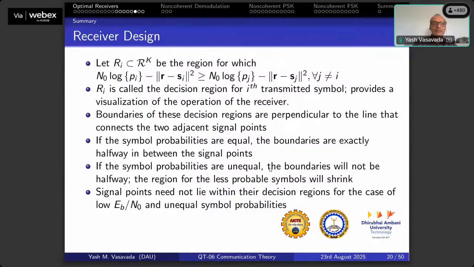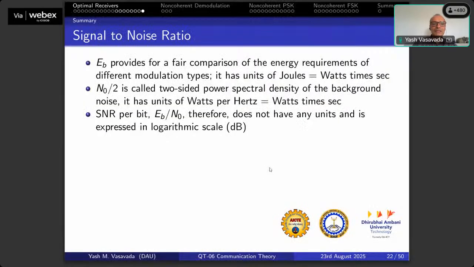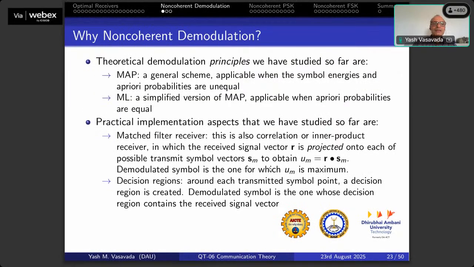Okay, so that is the MAP and ML rule. This projection operation is sometimes also called a matched filter receiver. You can implement it using either a matched filter receiver, or you can do the Euclidean distances and minimize them, or you can implement decision regions.